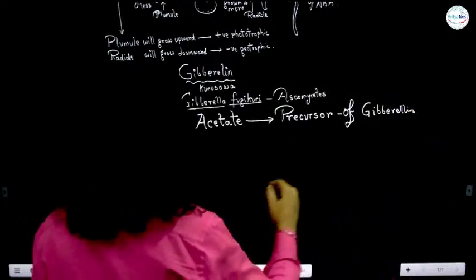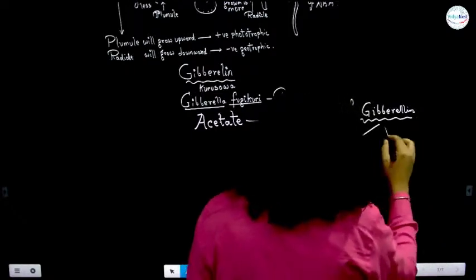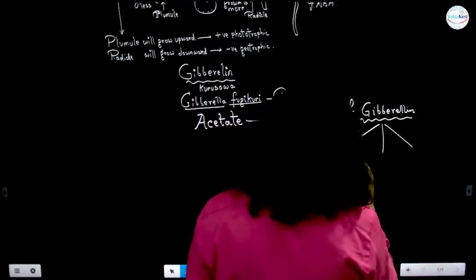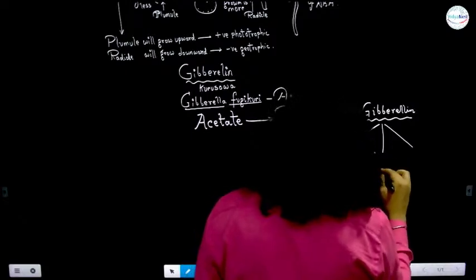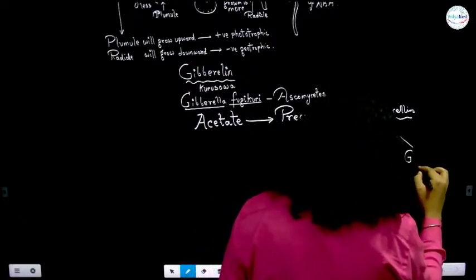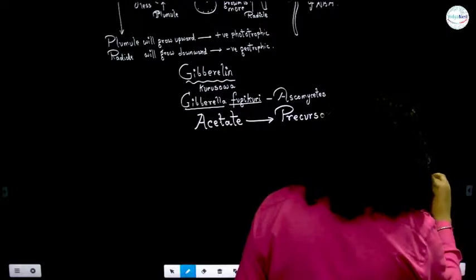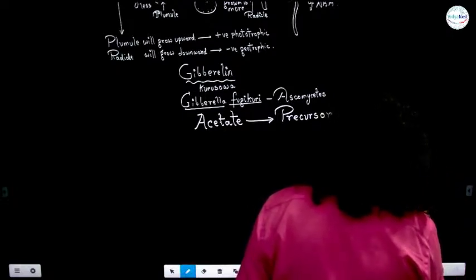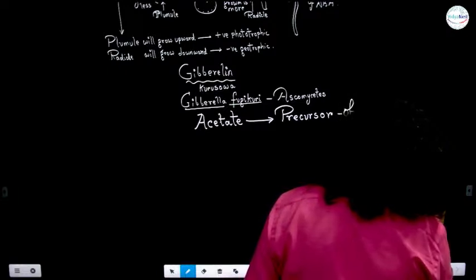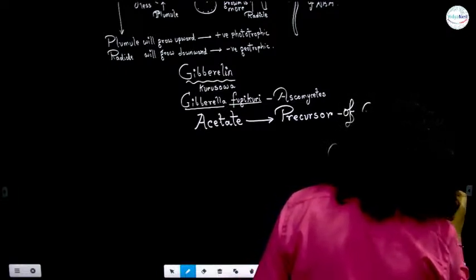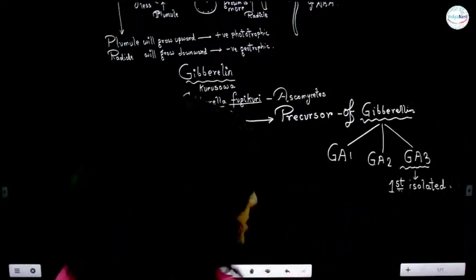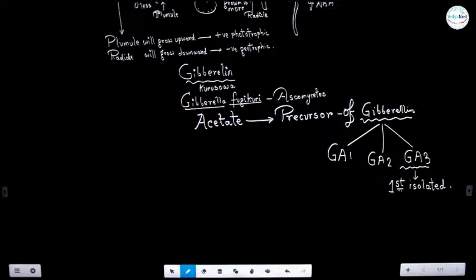We know that gibberellin is of various types like GA1, GA2, GA3, and GA3 was first isolated. And where are you going to get the gibberellin?